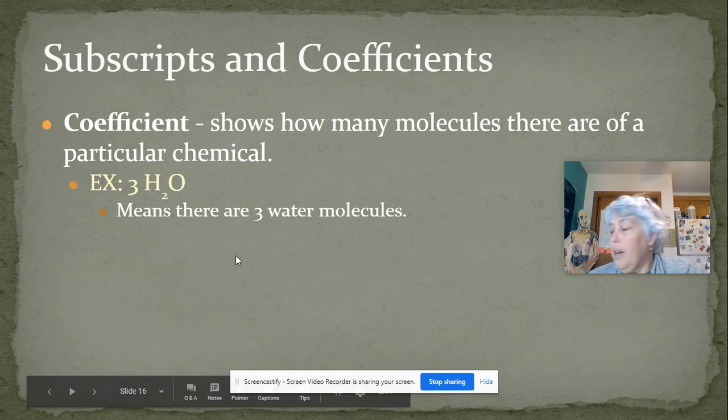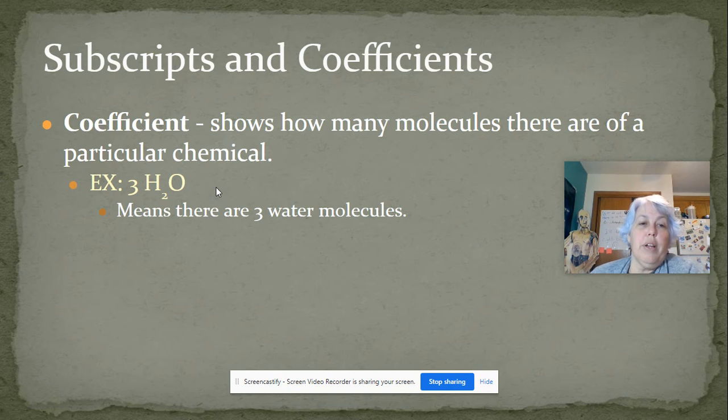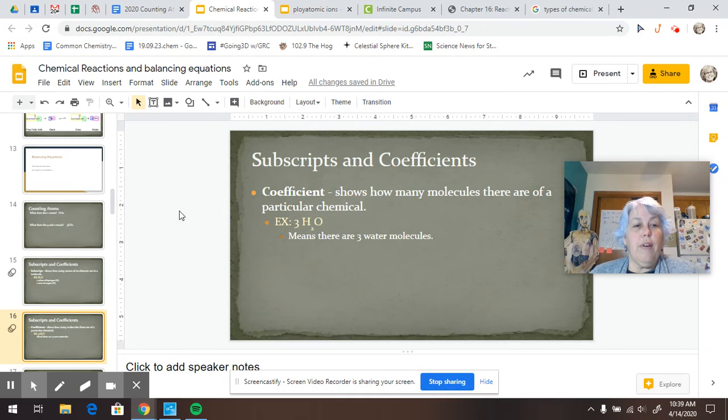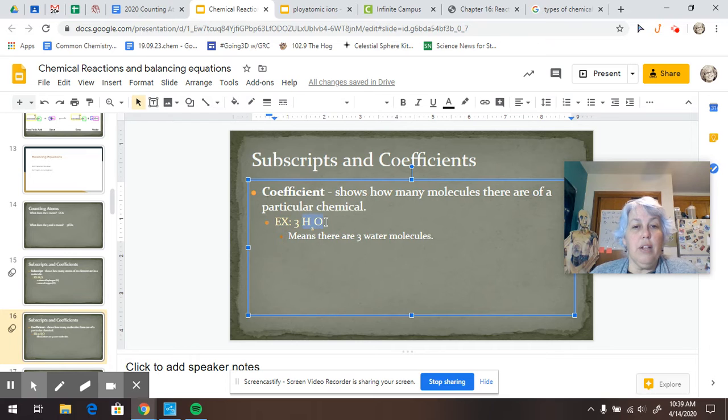So what that tells us, and I wish that I had my whiteboard here to write it out, but maybe I'll do that. So if I took, here's my H2O, if I copy that, I'll put it down here for my example. We've got 1 water, 2 waters, and 3 waters.